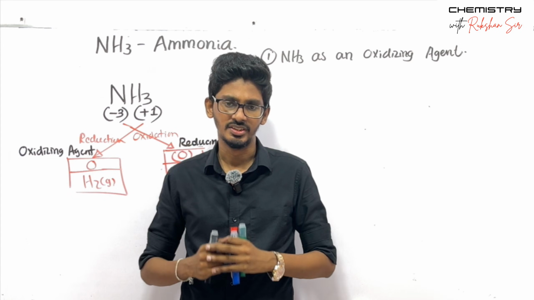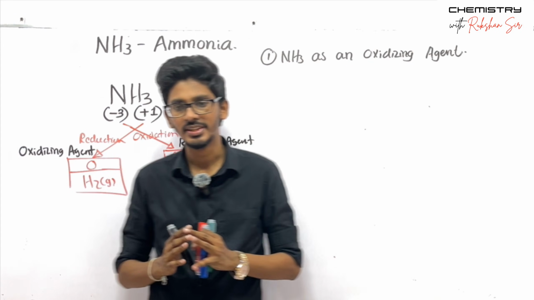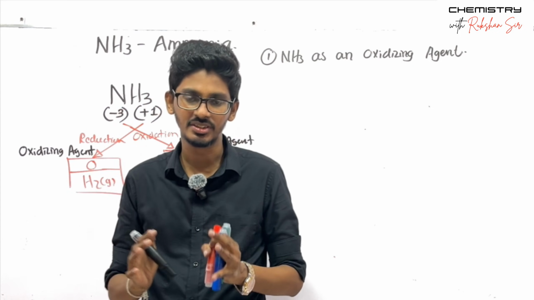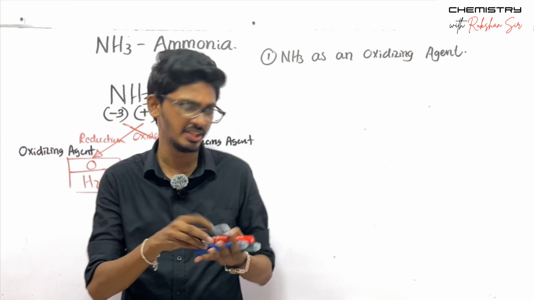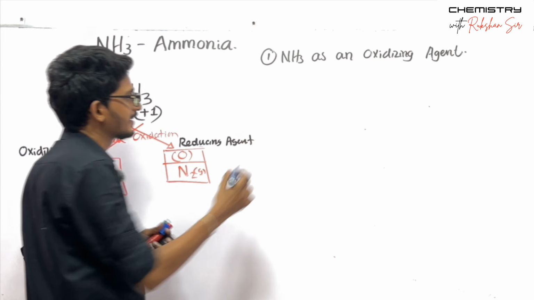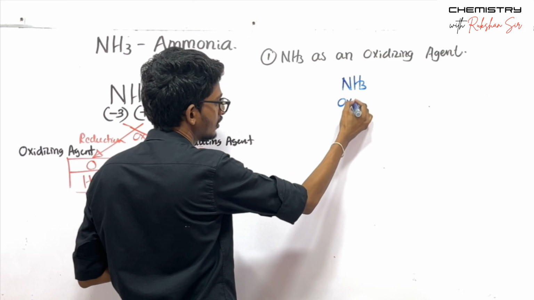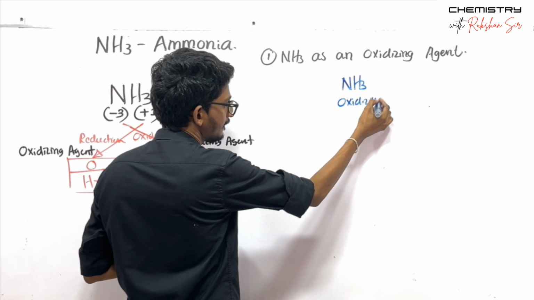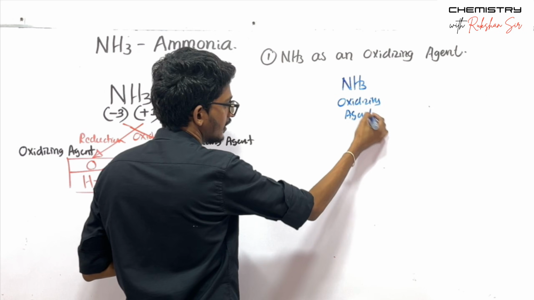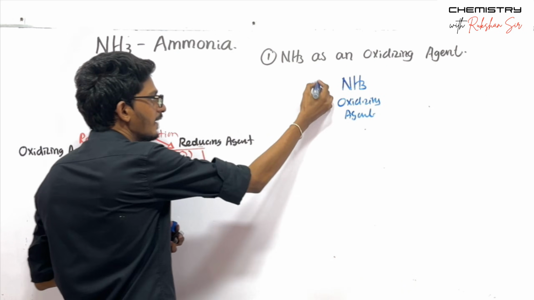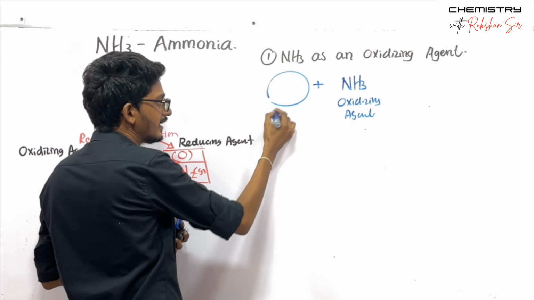Ammonia as an oxidizing agent. So if you need an example reaction for ammonia acting as an oxidizing agent, react your ammonia with a reducing agent.